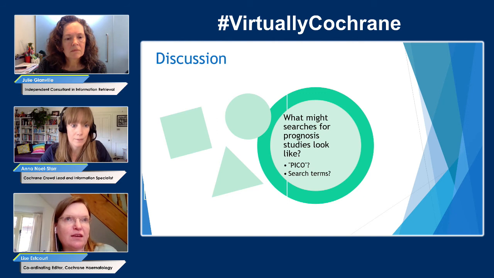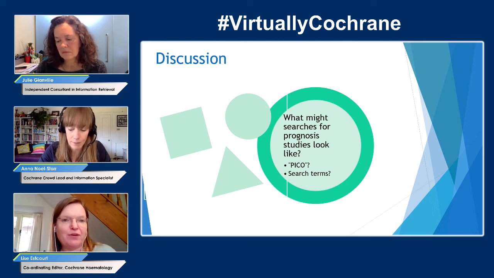Because they're quite new reviews and there are a lot of technical issues with them, and with some of them you're actually developing methodology as you go along, you really need good collaboration with the Cochrane prognostic methods group to get a good quality review at the end.